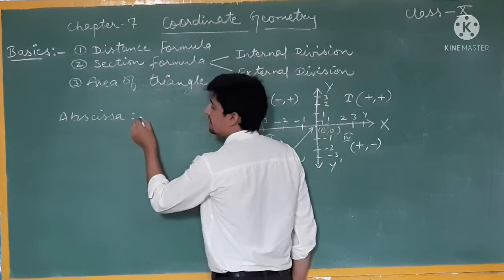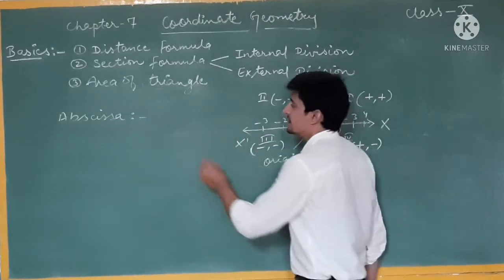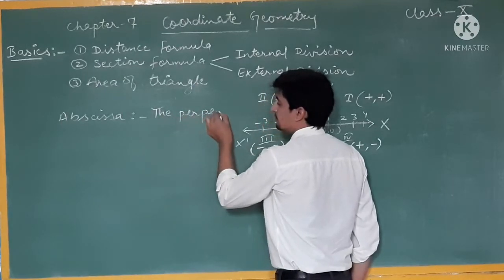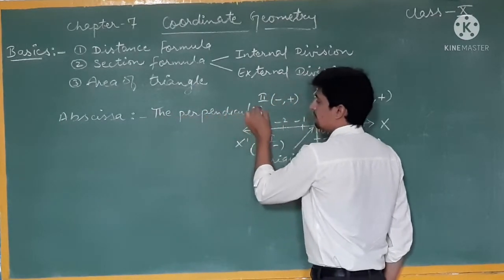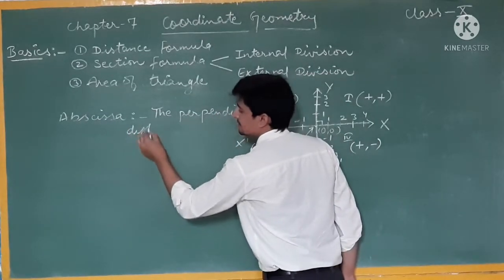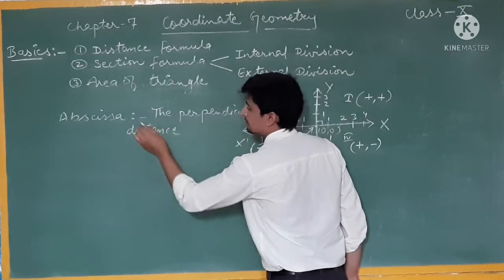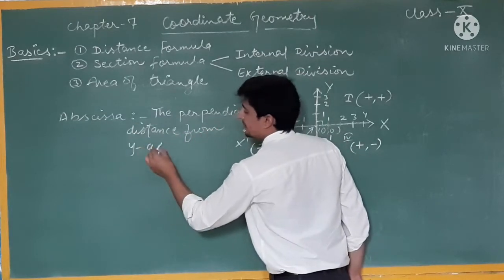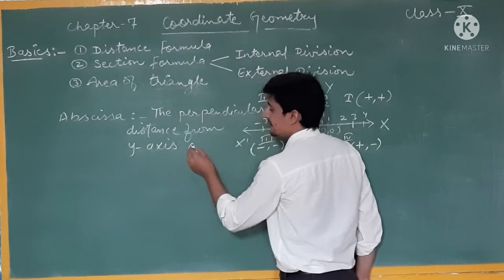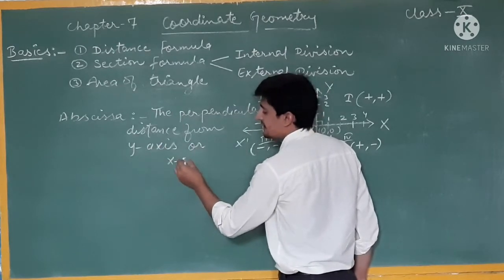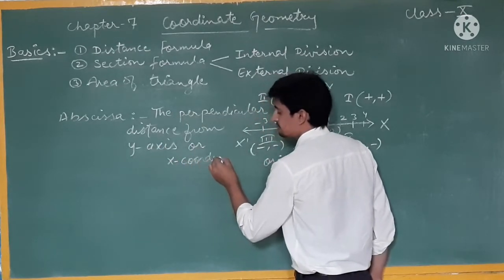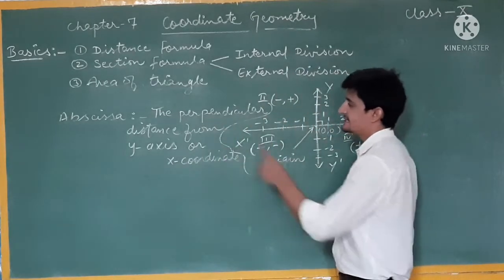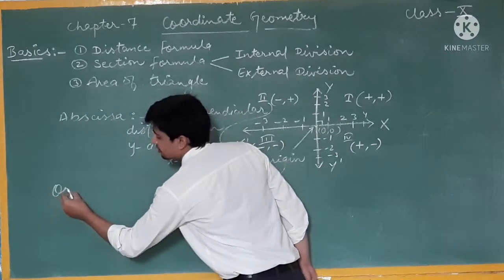Now we will discuss abscissa. What do we mean by abscissa? It is the perpendicular distance from the y-axis, or we can say the x coordinate. This is abscissa. Next we will talk about ordinate.